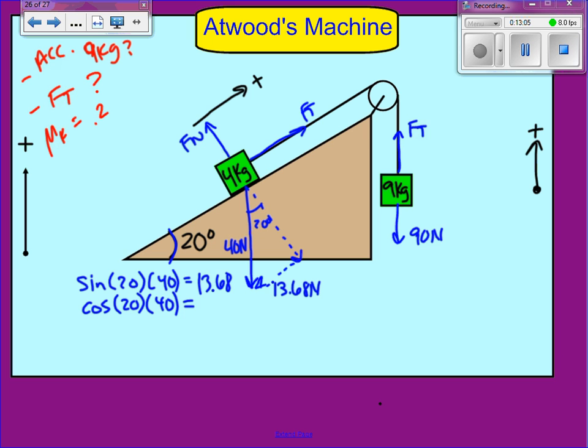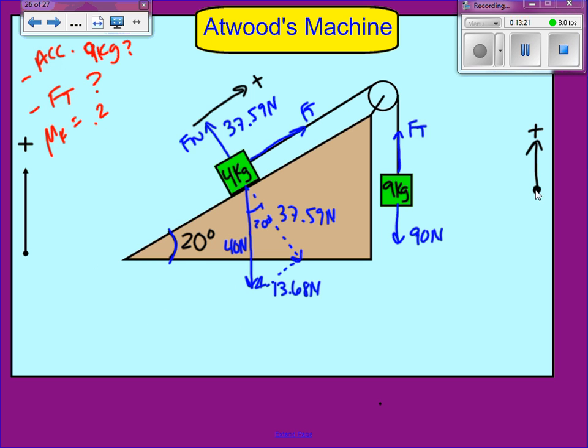And that gives me 37.59. So 37.59 newtons is my y component, which is also my force normal. Okay, so I'm going to go ahead and erase that since I don't need that anymore, so I can save my space here.